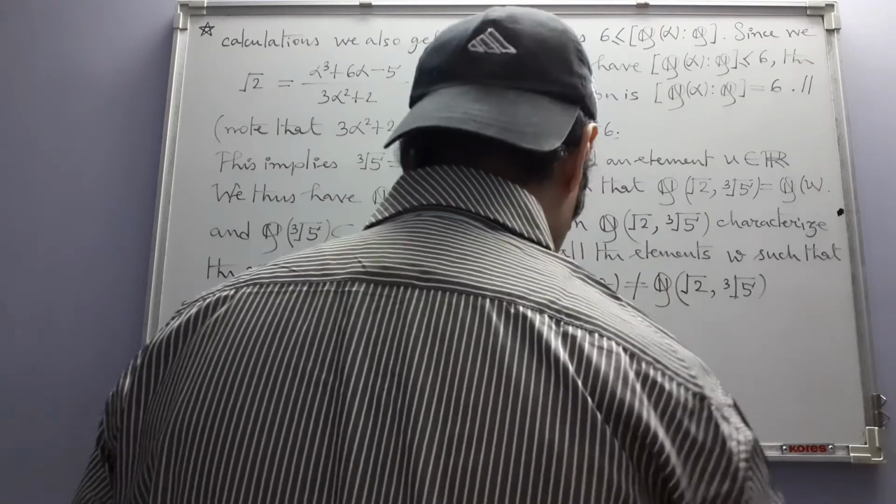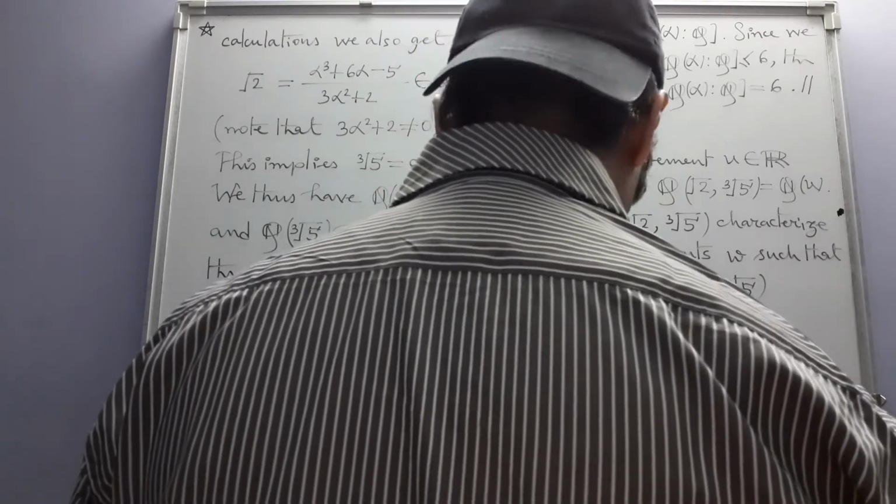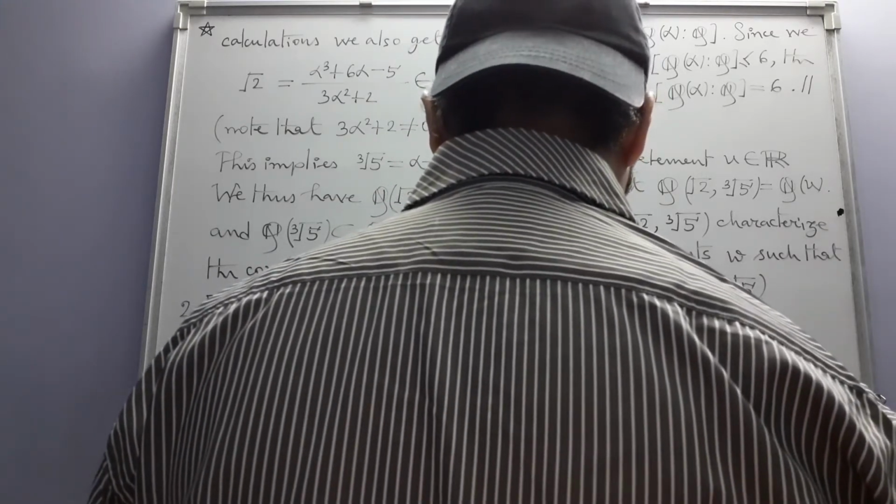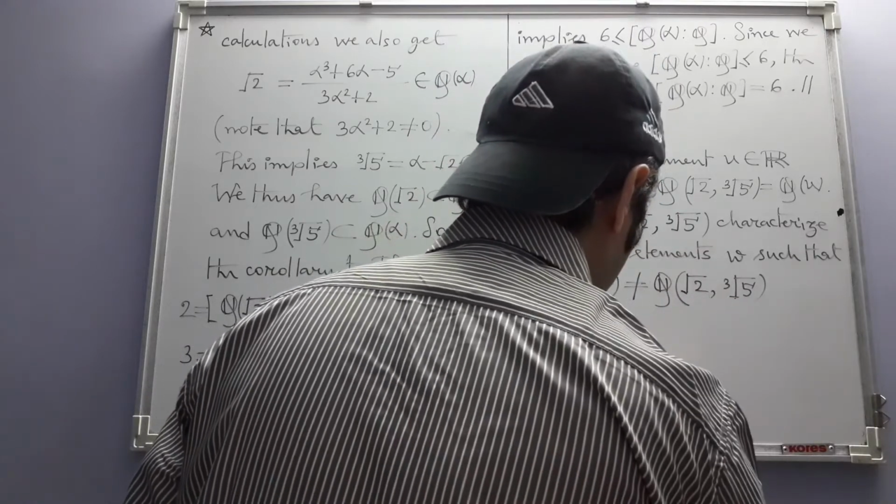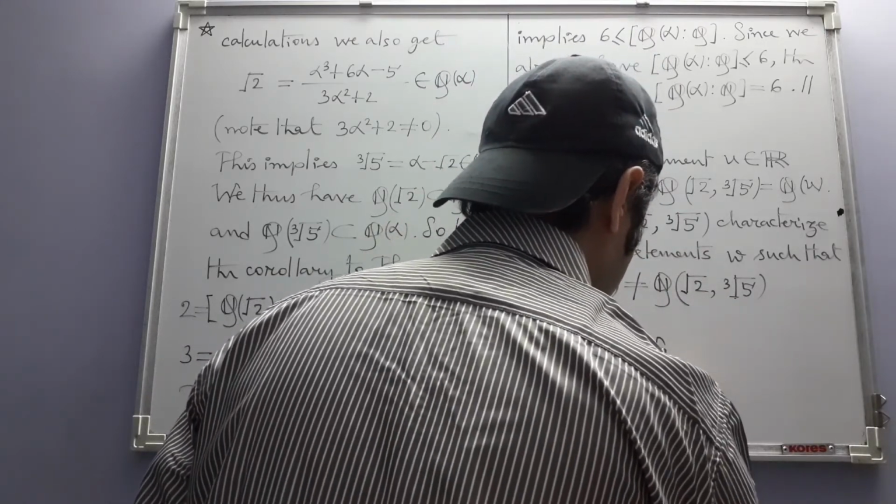So in part A, we want to find a U. So we start like this.